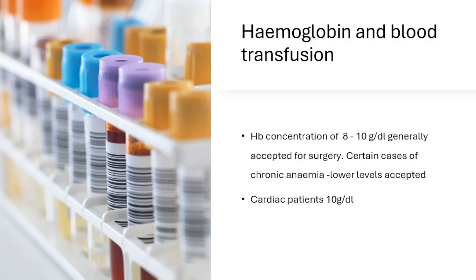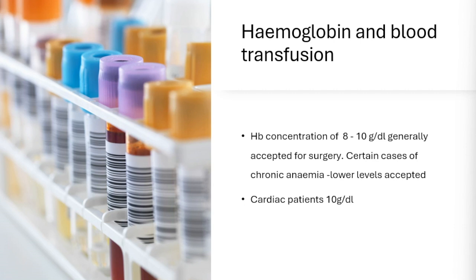Okay. Now, most of our patients are unscreened. A lot of the patients are anemic. Generally you need to have a hemoglobin concentration of 8 to 10 to undergo surgery, and in certain cases lower levels are accepted, like in patients with chronic kidney disease.